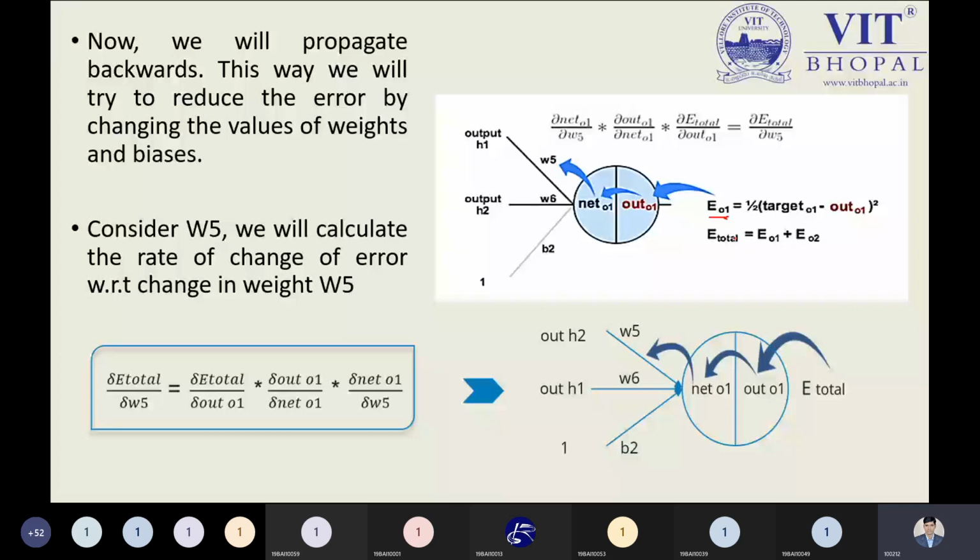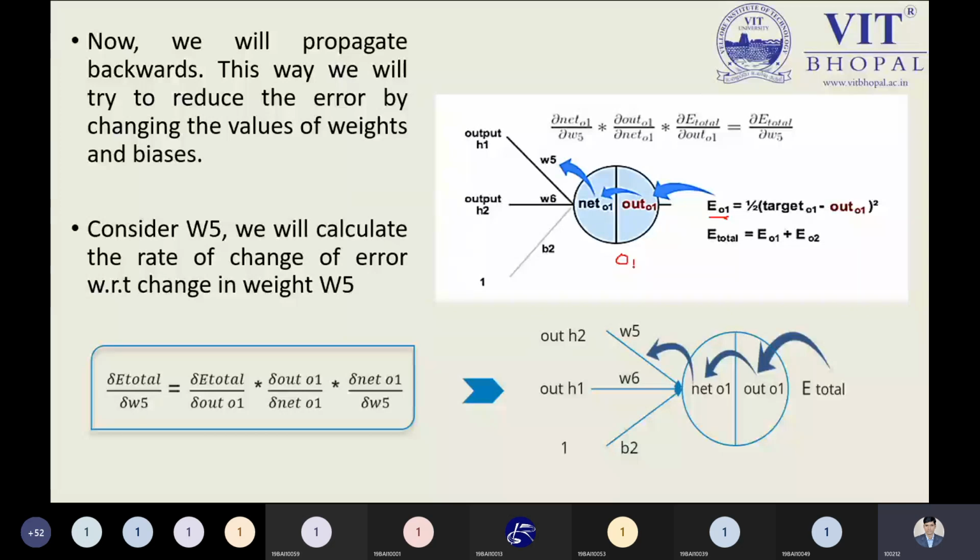So we are trying to calculate the partial derivative of E total with respect to W5, and W5 is connected to O1. O1 is a node which has two parts: net O1 and out O1.